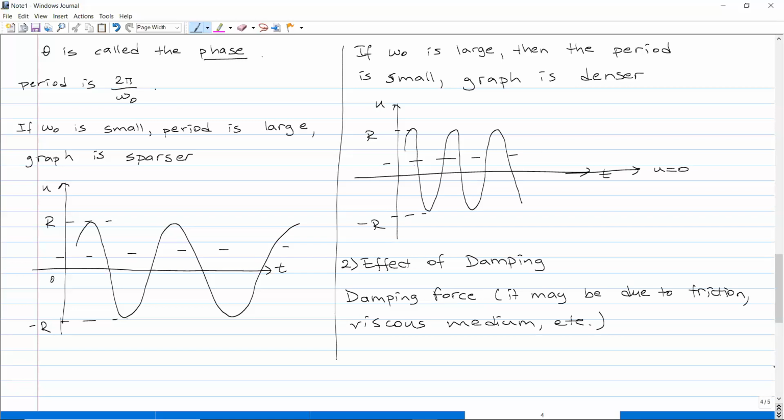Of course, we need to make some assumptions. We assume that the damping force is directly proportional to the velocity.